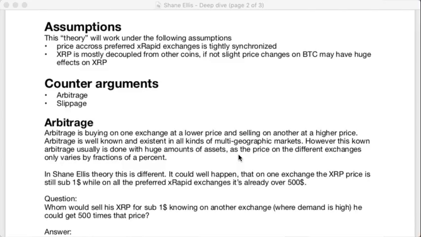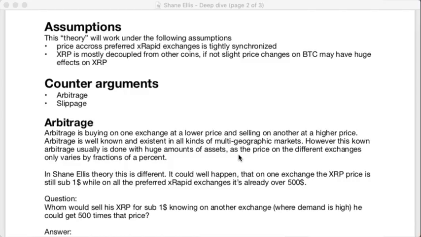One assumption is that the price across these preferred exchanges is tightly synchronized, which means there is very, very little time lag between the prices synchronizing between these exchanges. That's very important in order to reduce the possibility for arbitrage.